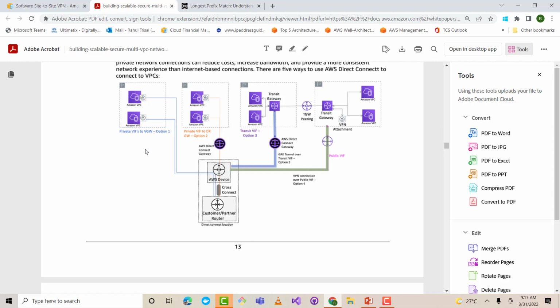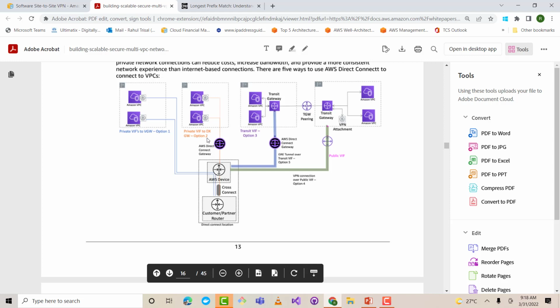You cannot have more than 50 VPCs connected through this private VIF to your on-premise data center. It's also region specific. Whichever region you have the partner location in is the only region to which you can establish the connectivity. So while it's good, it's not very widely used.